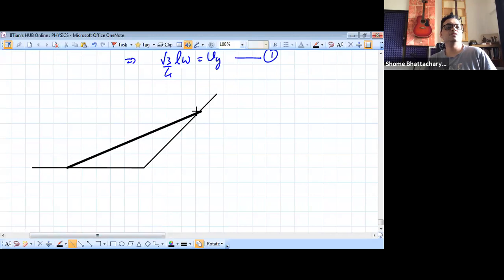But luckily for us, again, because this angle is 30, it will be a little bit easier to solve. So this angle is 30 right now, so this angle is also 30.